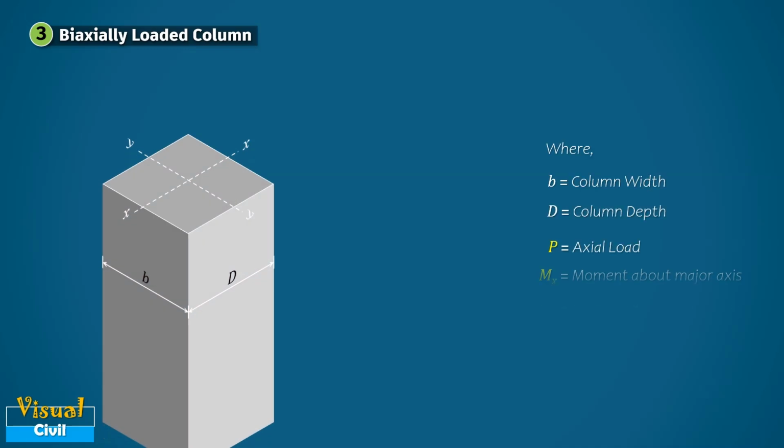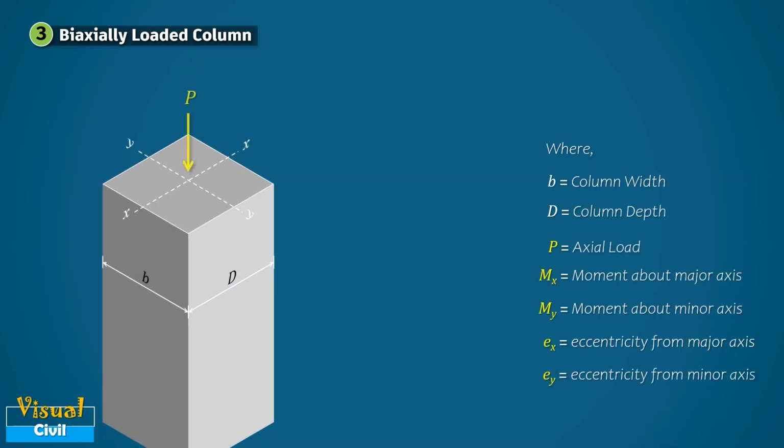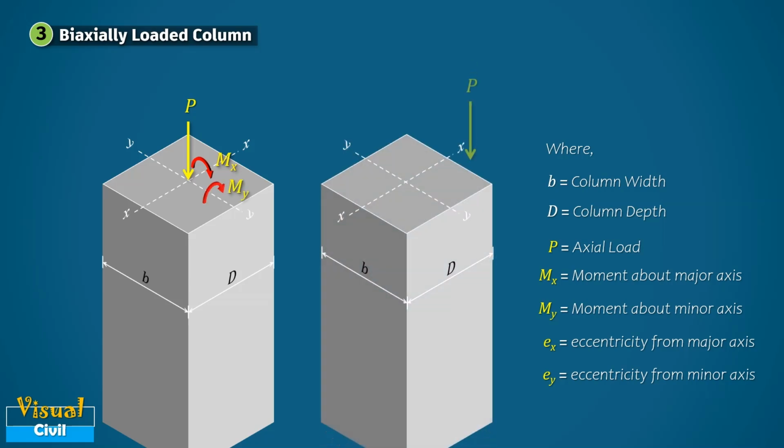When a column is subjected to an axial load with a moment about both major axis and minor axis, or the load acts at an eccentricity of Ex from major axis and Ey from minor axis, then we can say the column is axially loaded with biaxial moment or biaxially loaded column.